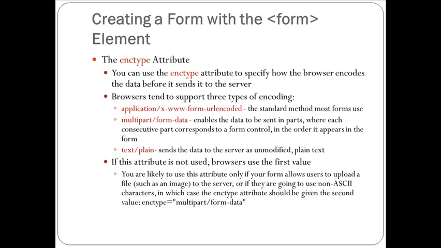The most likely time that you're actually going to use this would be if you're allowing a file to be uploaded. In that case, the enctype attribute should be given the second value, which is multipart/form-data. So that would be used for any uploads.